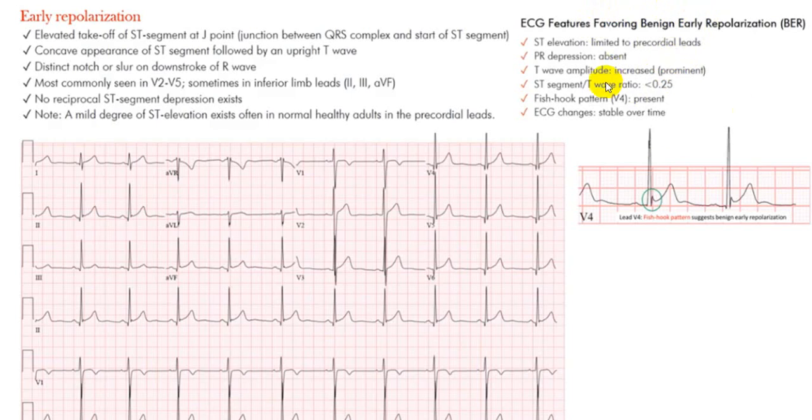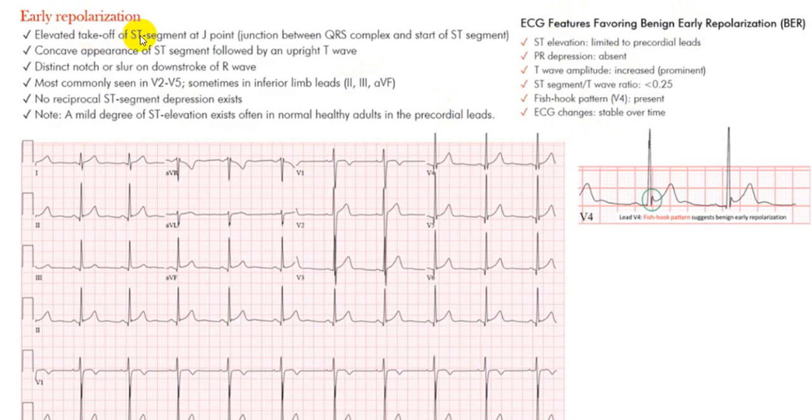The ST segment to T wave ratio is less than 0.25, while in pericarditis it will be more than 0.25. You will have a fish hook pattern which may be seen in V3 or V4, and ECG changes are stable. These are the characteristics of a benign early repolarization.